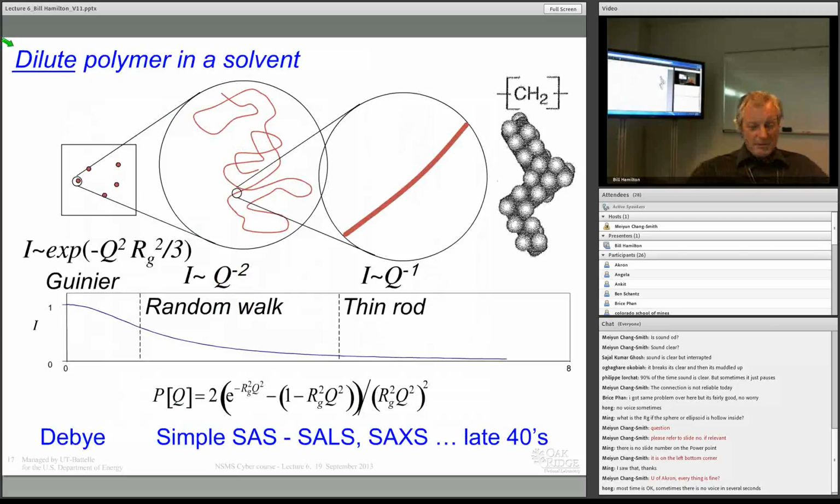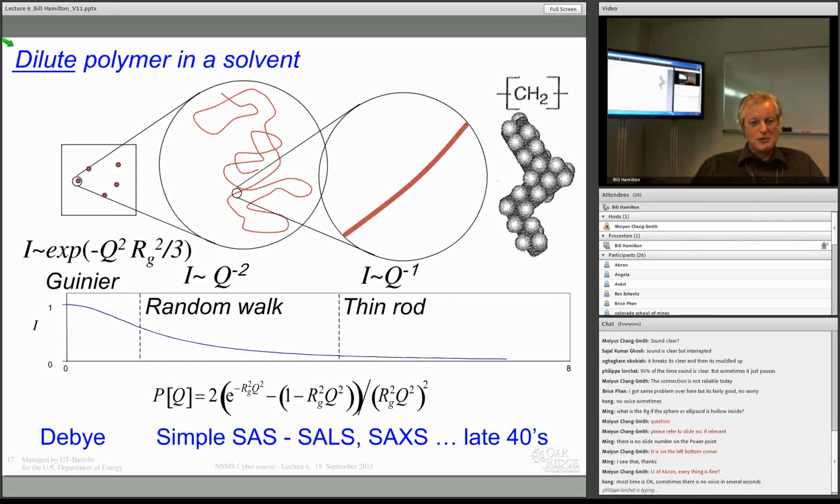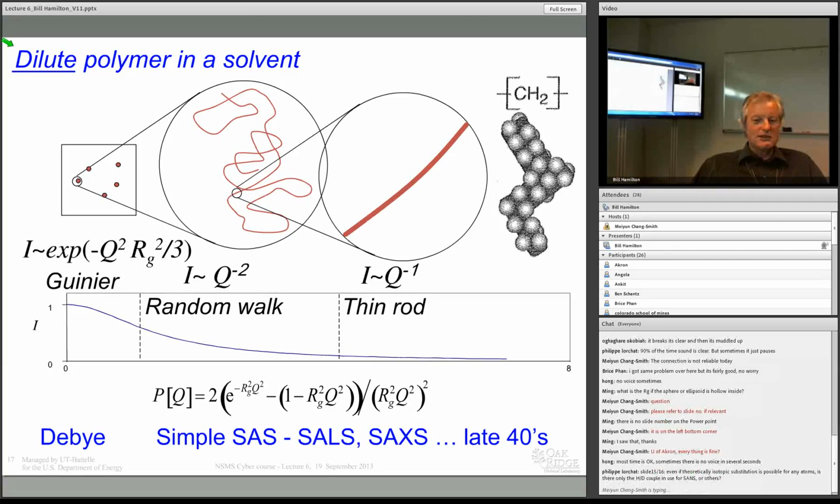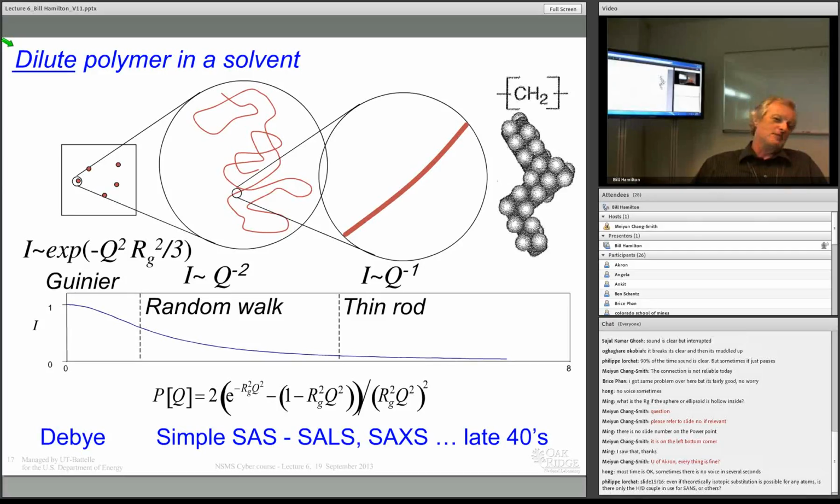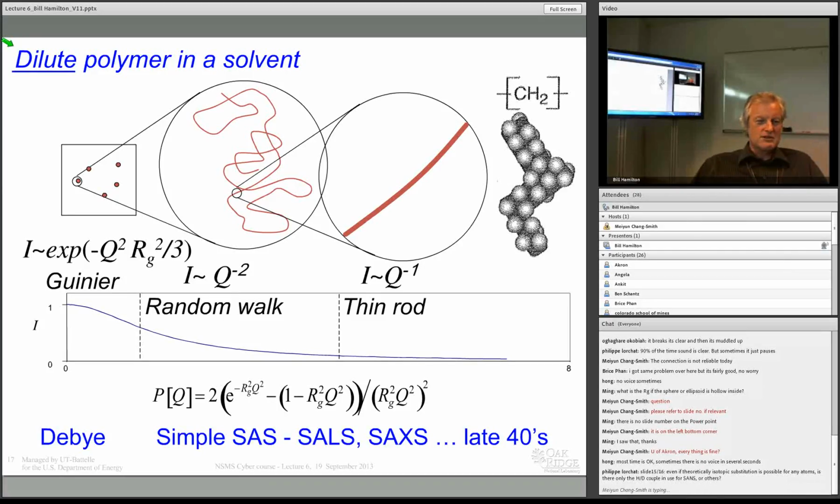Okay, the other reason that we care about this part of the talk could actually be called How Neutron Scattering Changed the World You Live In. We go back to the 40s, and Debye had done some absolutely wonderful work with X-ray scattering and small angle light scattering on dilute polymer in a solvent.